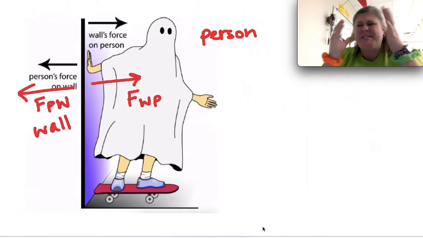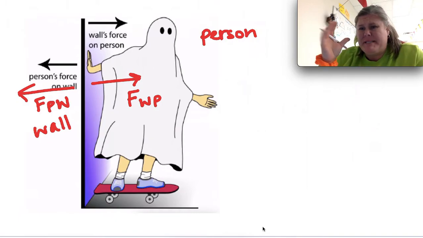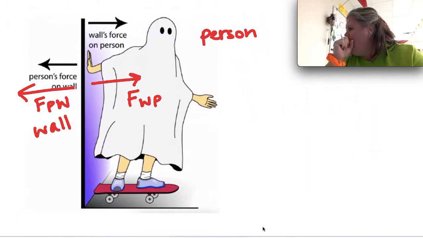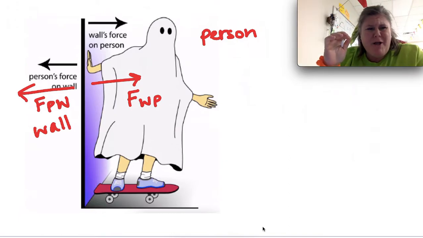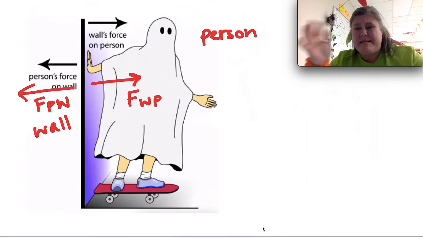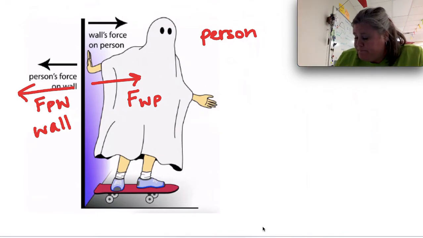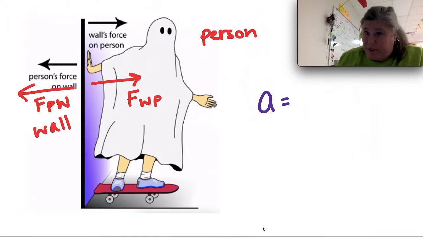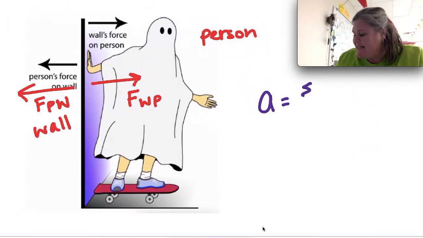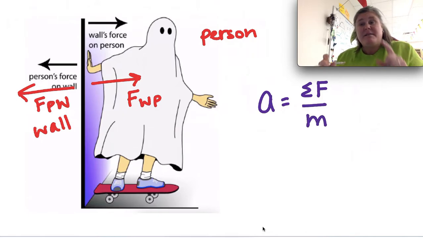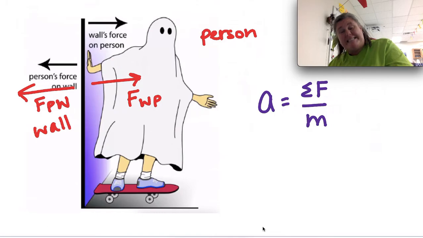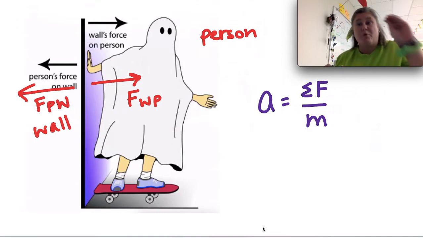Now, this is where it gets a little tricky because people say, but wait, the wall's not going to accelerate, but the person is. Okay, so you have to remember the acceleration of an object, according to Newton's second law, is the net force divided by the mass. So yes, the force of the wall on the person is equal to the force of the person on the wall.